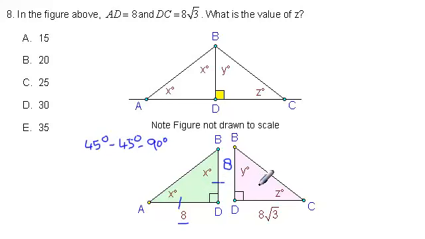Now using this information in the pink triangle, we found BD is 8, and it is given that DC is 8 square root 3. And I know the other special right triangle, which is 30, 60, and 90 degree. It is very important for SAT.